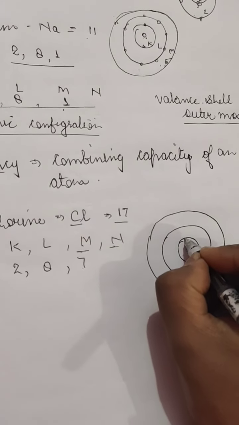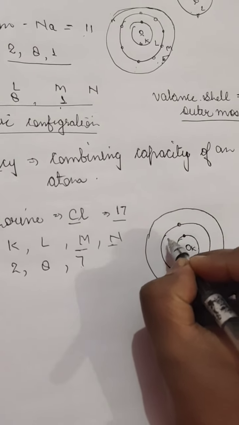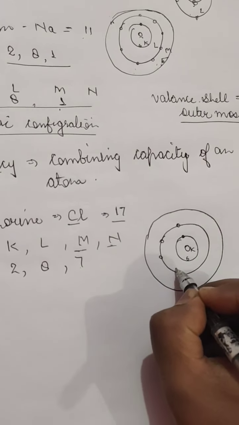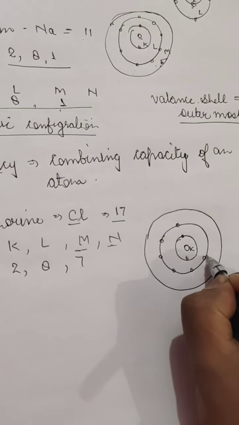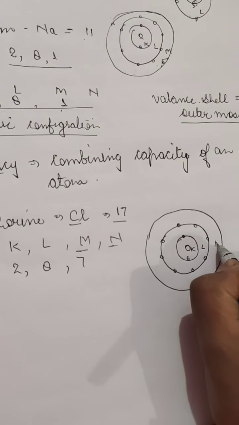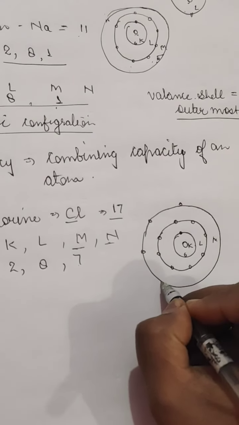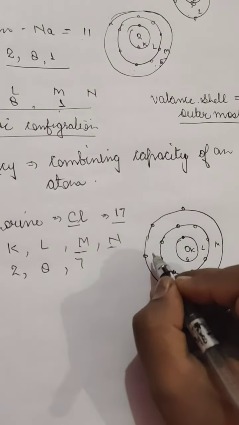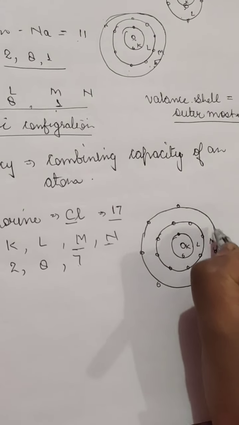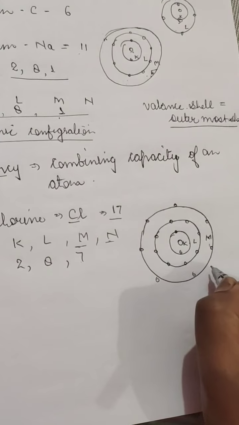The first shell has 2 electrons, it is the K shell. The second shell has 8 electrons, 1, 2, 3, 4, 5, 6, 7 and 8, the L shell. And the M shell has 7 electrons in the outermost shell.